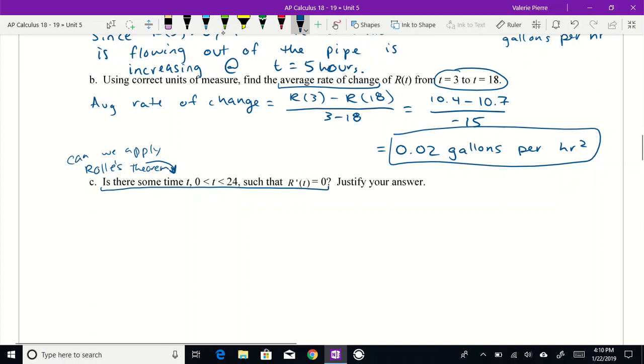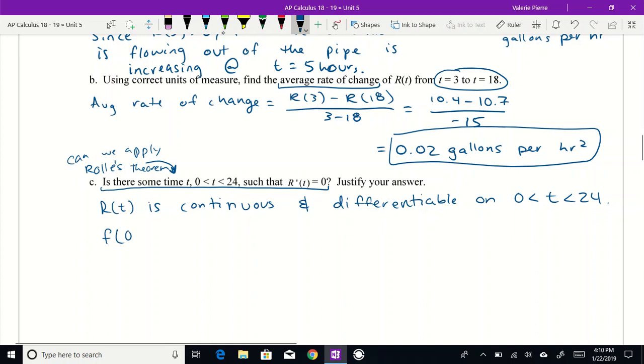And as stated above, we know that r of t is continuous and differentiable on the interval from 0 to 24. Okay, and the next thing we need to know is f of 0 and f of 24. We want to make sure that those are equal.